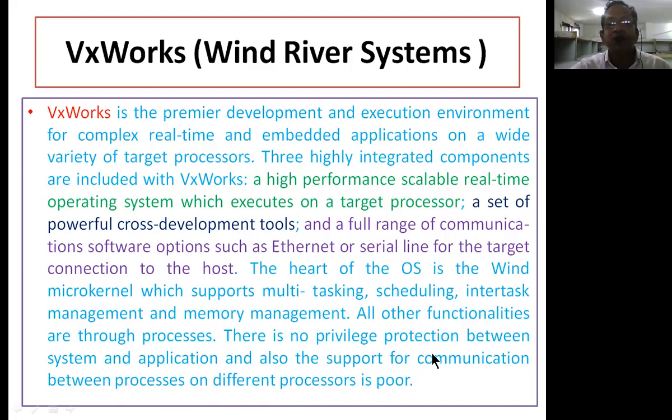That means the OS has to provide all these functionalities. Definitely the Wind River OS, called a microkernel, is also going to support all these functionalities. So this is unit number 4, which covers the various types of real-time OS functionalities and its internal functions.